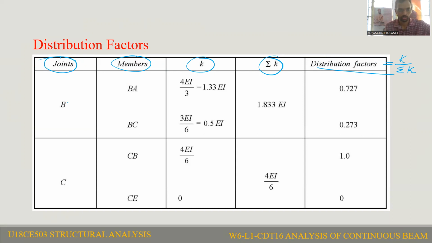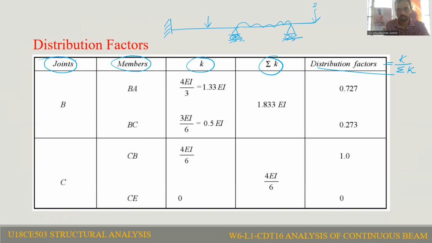Okay. So now coming to joint B. You see the joint B. At joint B, 2 members are meeting. First of all, I'll draw the figure here. In fact, it is a roller support. Uniform distributed load. This is also a roller one, and the overhanging is there.